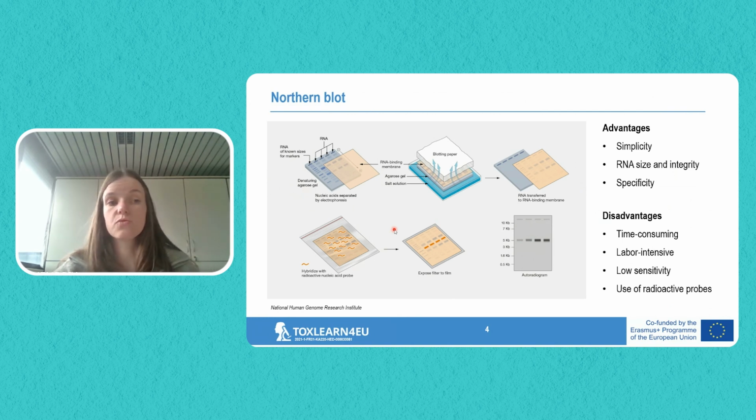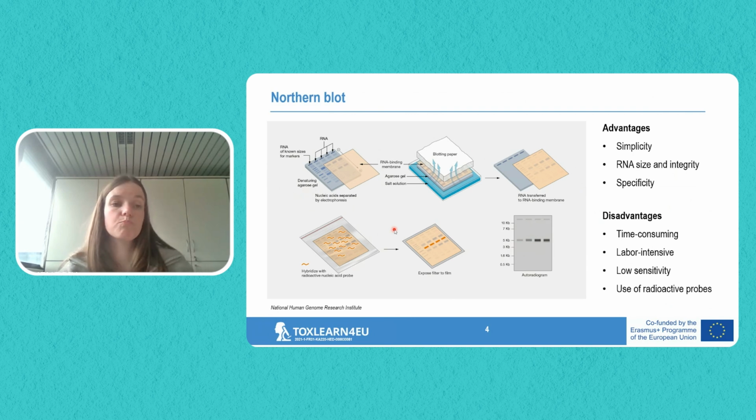Because of these reasons, in recent times, people have used Northern blot less, and we're now moving towards using real-time PCR more frequently. But of course, Northern blots are still being performed as well. Northern blot, as well as qPCR, as I mentioned, are methods where you measure the expression of one gene at a time.